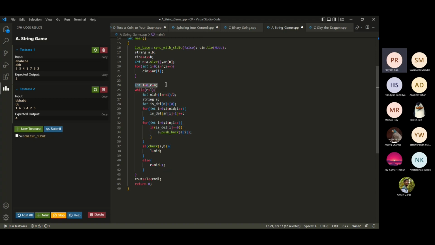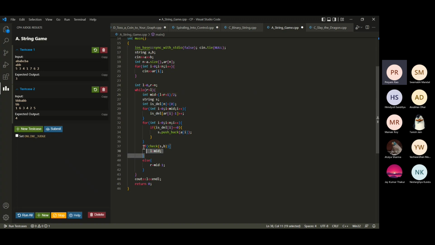We find the lower bound and upper bound for the answer. Notice that the answer can be a minimum value of 0, that means after 0 moves or 0 removals, and the maximum value can be n after n removals. Then we'll find the mid. Notice that we are doing ceiling here. Why are we doing ceiling? I've already explained this. For binary search, we are checking the left half first, so we are doing ceiling.